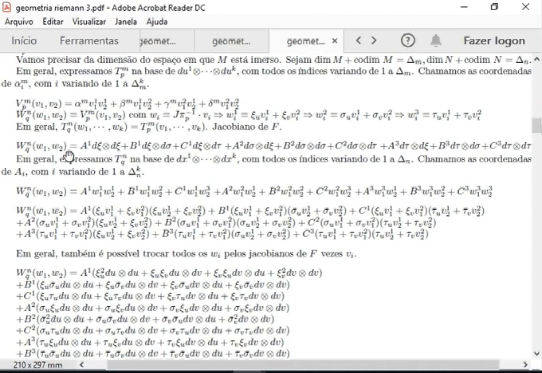And the basis is xi xi, xi sigma, xi tau, sigma xi, sigma sigma, sigma tau, tau xi, tau sigma, and tau tau. Generally, we express T Q N in the basis dx1 all times ... dxk, with all indexes varying from 1 to delta n. We call the coordinates big A I, with I varying from 1 to delta n power to k.